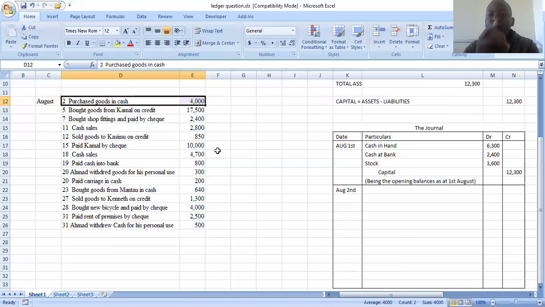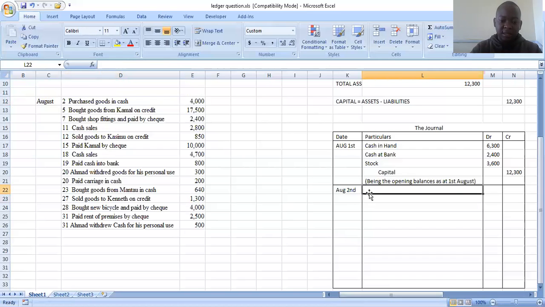And then for cash account, cash will decrease. Cash has gone out. It has been paid to the supplier. So cash being an asset, whenever an asset is decreasing, we're supposed to credit the asset account. So therefore, debit purchases, credit cash.